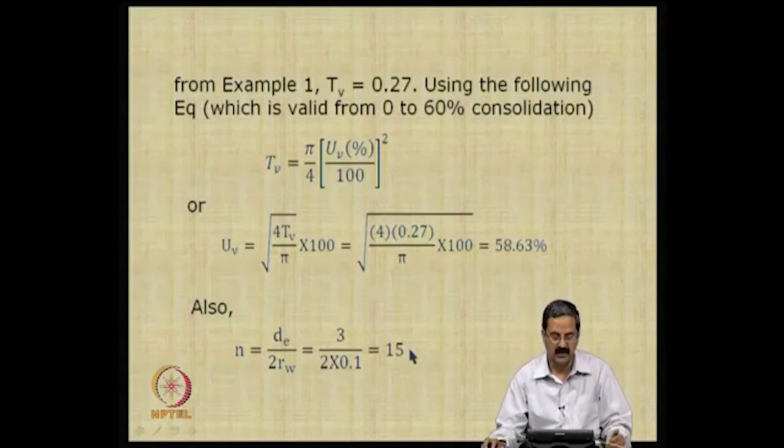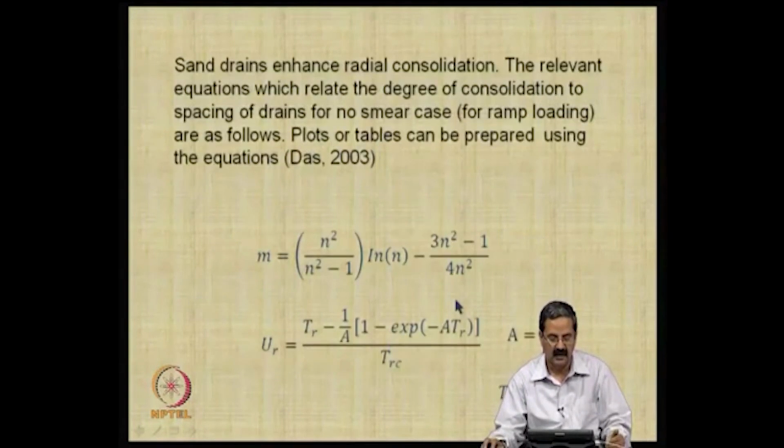Once you get this 15, this is actually the vertical consolidation number, knowing its time period. As I just mentioned, sand drains enhance radial consolidation. So, we have some equations, and the relevant equations which relate the degree of consolidation to spacing of drains for the no smear case are as follows.